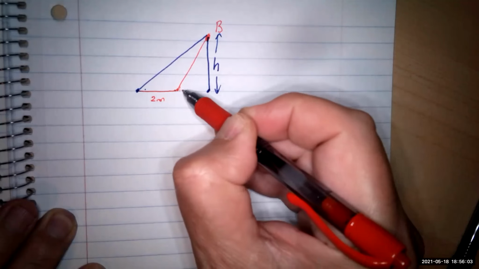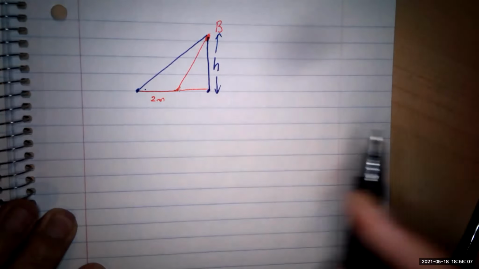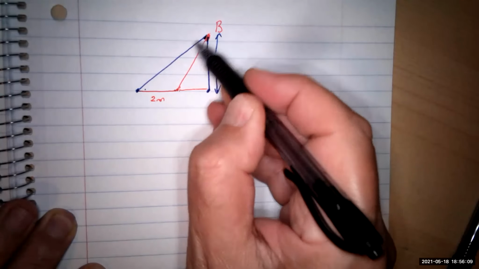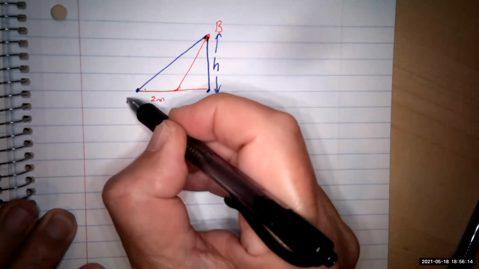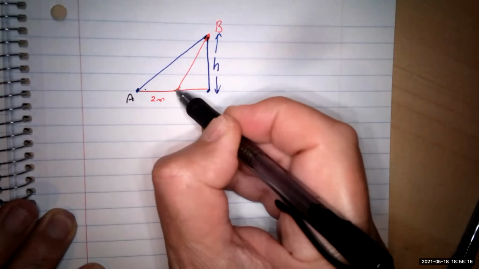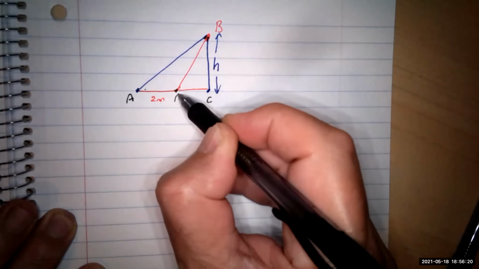So this is the situation. This is the first person, you may call this one A, and this one C, and this one A1.